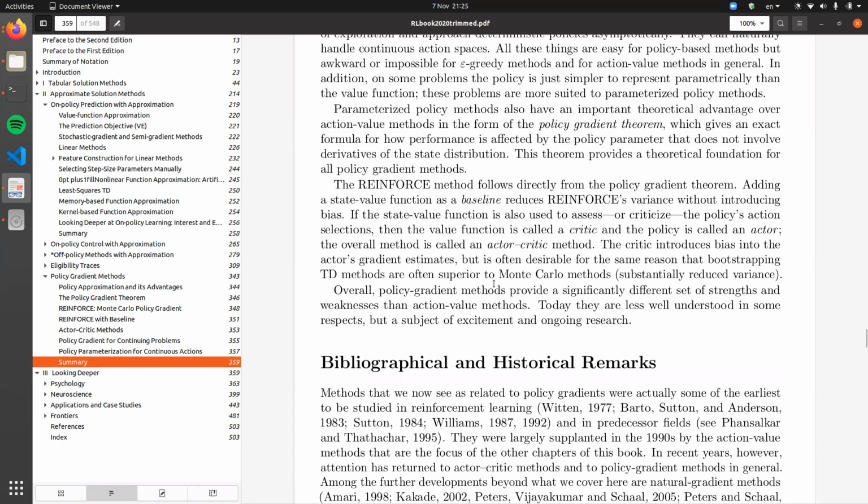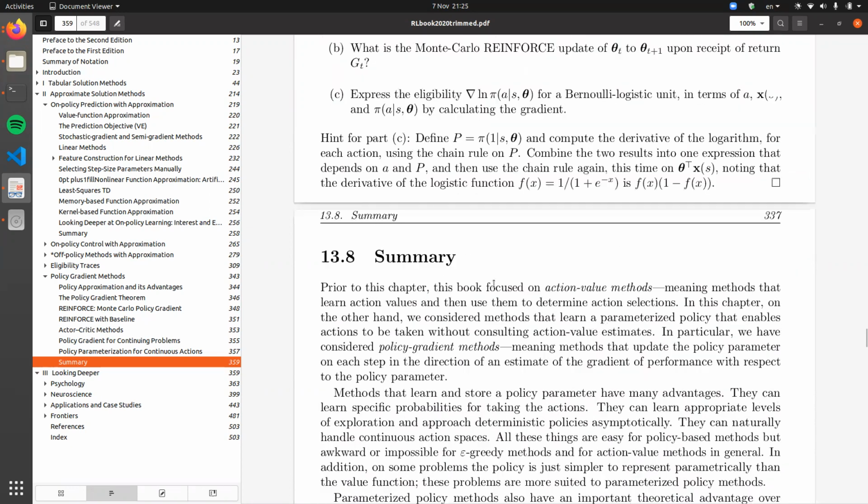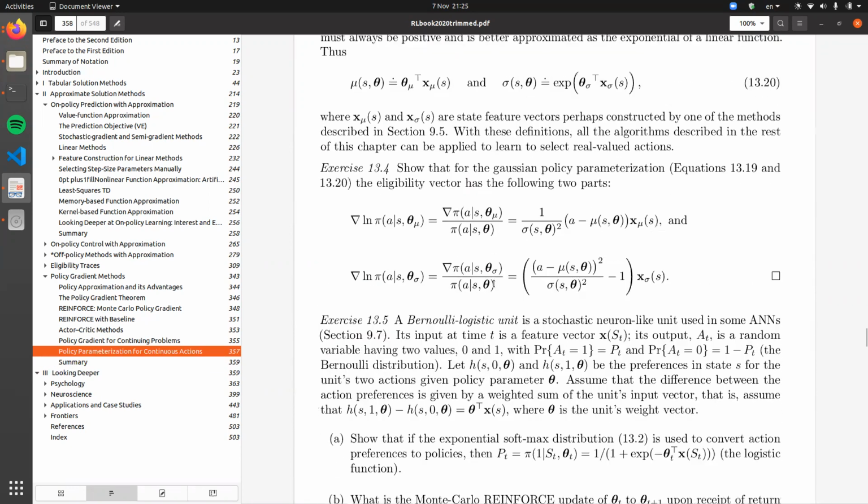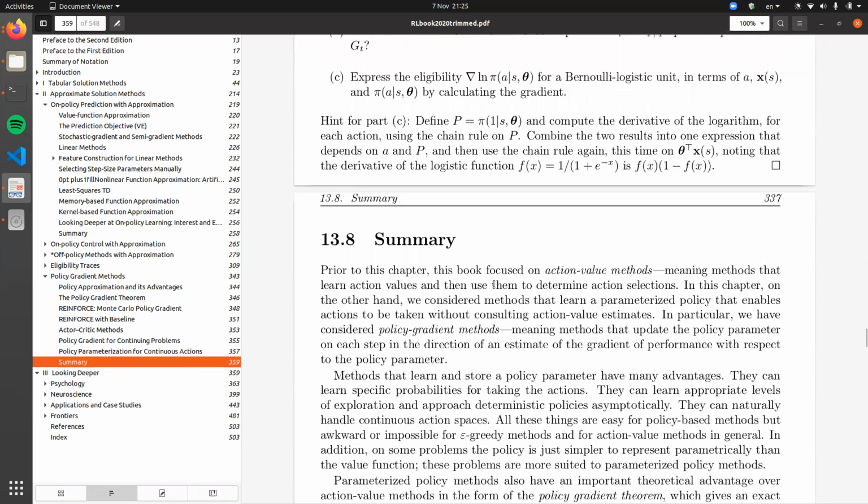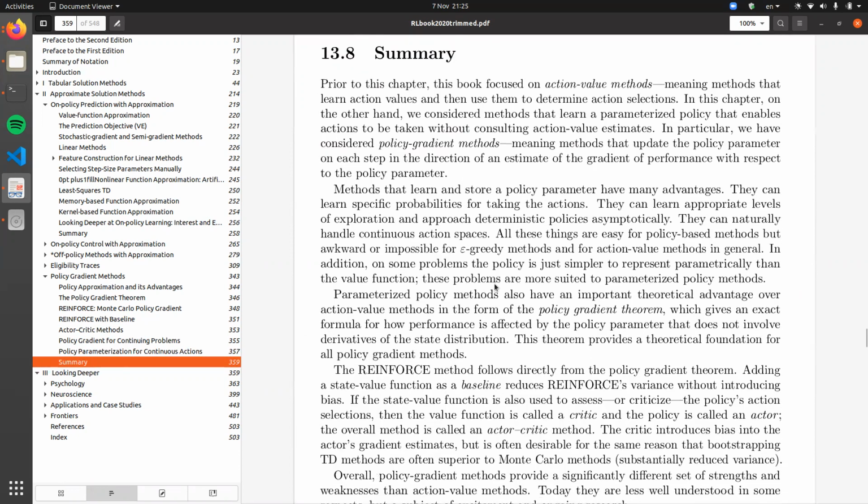So that's basically the end of the chapter, and I highly recommend those two lectures.